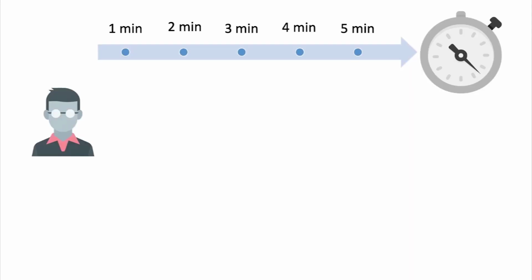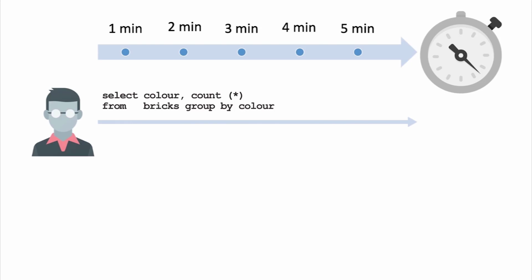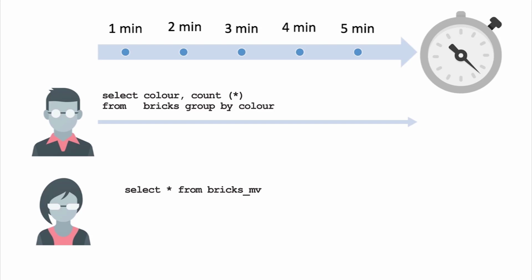Imagine you have a materialized view you just refreshed. 1 second later, a user runs a query on the materialized view, but there's been changes to the tables, so it runs against the base tables. This query will run for 5 minutes. 1 minute after the first, another user comes along and queries the materialized view. At this point, the materialized view is 1 minute out of date, but this query completes in 1 second.